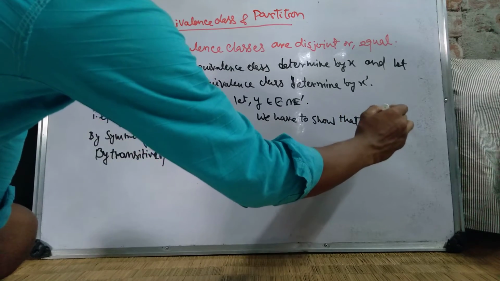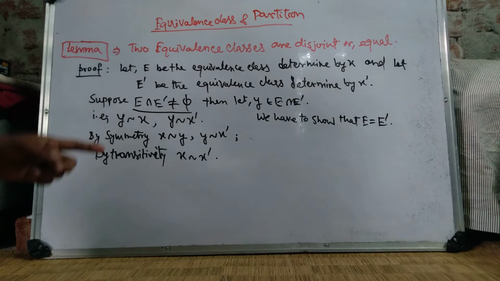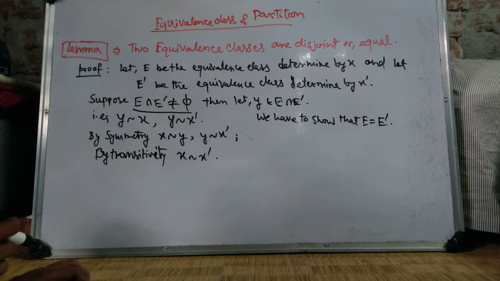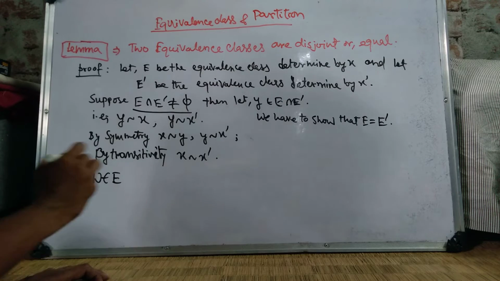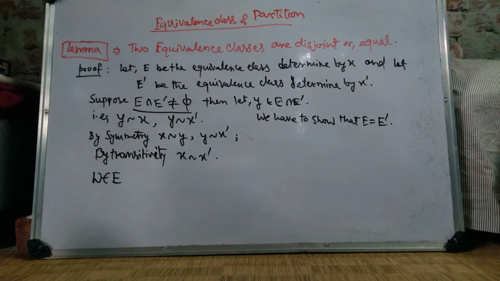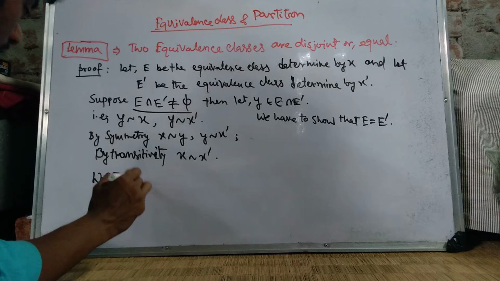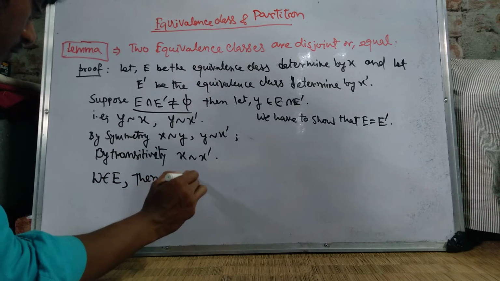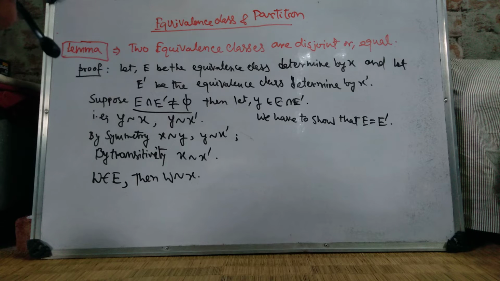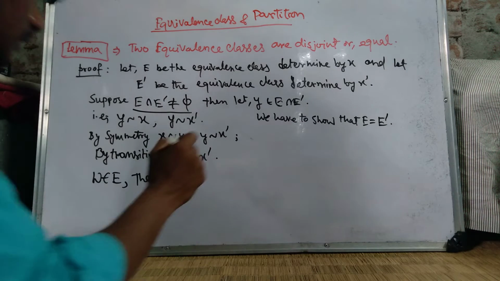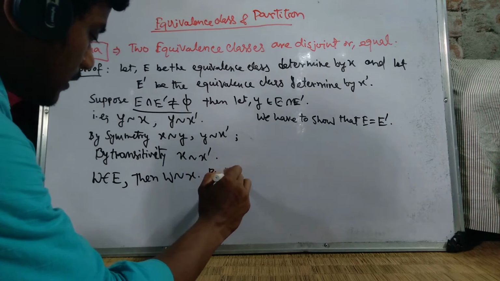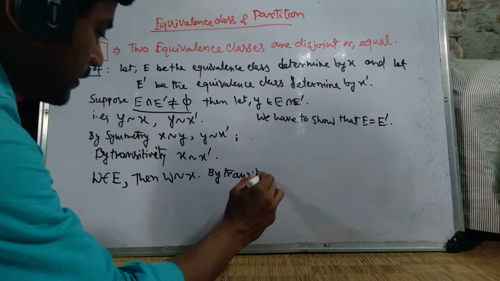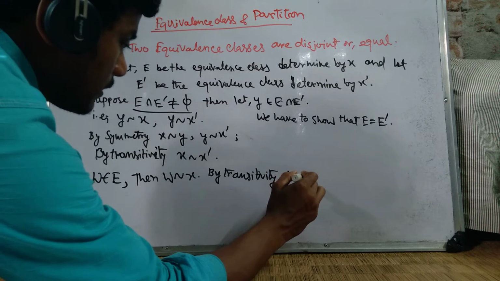Now we discuss a point W belonging to E, the equivalence class determined by X. Now W is related to X, and it follows from the application of transitivity that W is related to X dash.